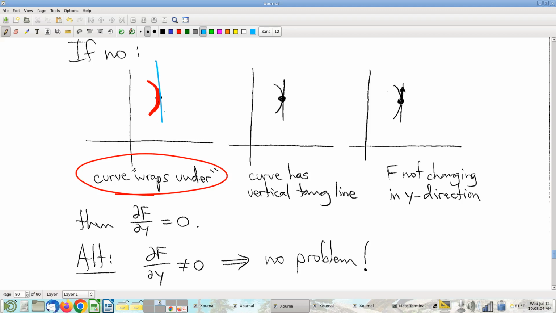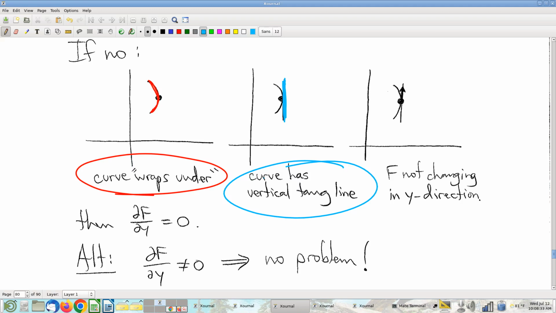That's why the vertical line test fails, because the curve was wrapping under itself. And if the curve is wrapping under itself like so, then that means that the tangent line to that curve is vertical.